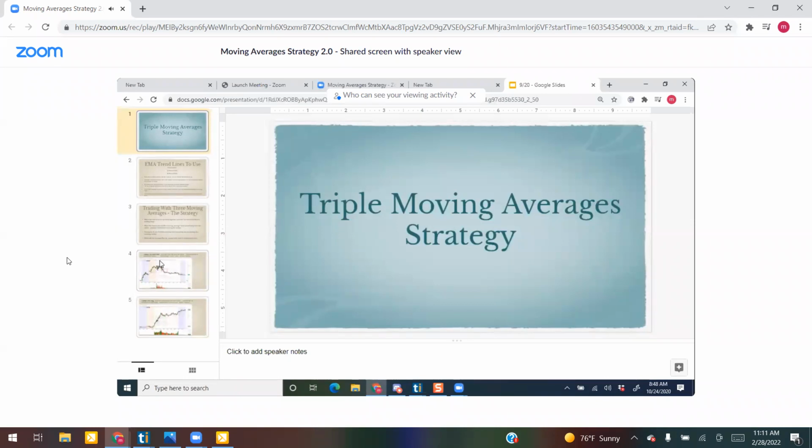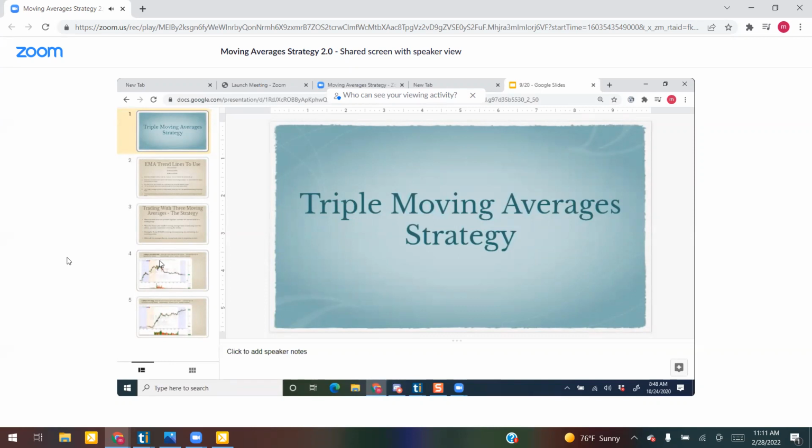All right, so with that in mind, for the triple moving average strategy that we will be discussing, I'll give you my analogy, and then I'll give you Brian Shannon's analogy. My analogy is think of moving averages as twigs, okay? You've probably heard me say this before if you're in the room.